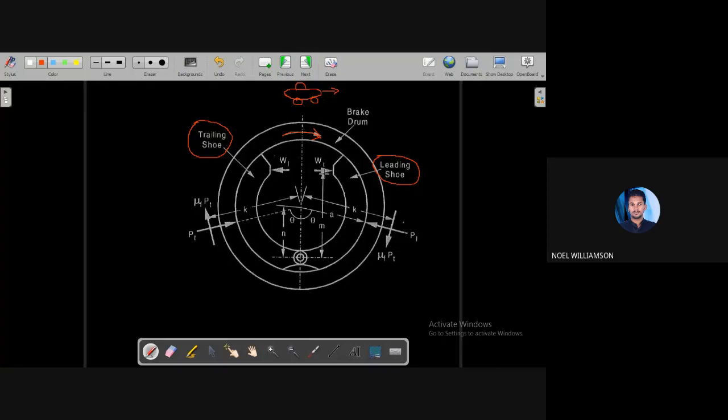Here you can see this one portion, and here it is WL for the actuating force in the leading shoe, and this is WT.